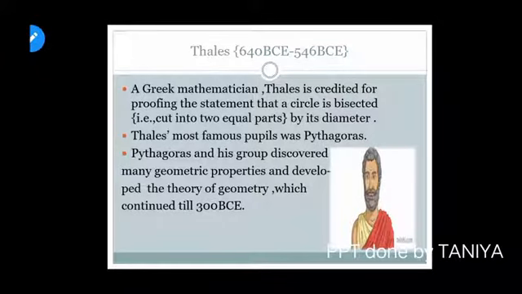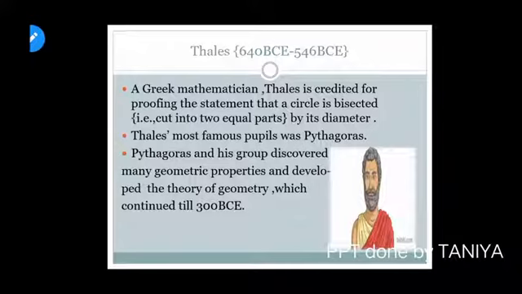Thales. He was a Greek mathematician. Thales is credited for proving the statement that a circle is bisected by its diameter. And the introduction of geometry is credited to Thales, who is considered as the father of mathematics.